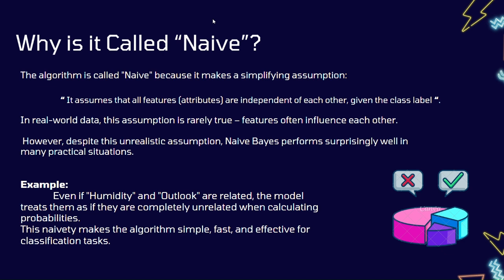Now, think about it. If it's rainy, humidity is likely to be high, right? But Naive Bayes treats them as if they are unrelated. Even with the unrealistic assumptions, the model performs really well on tasks like spam filtering, document classification, sentiment analysis, and many more.